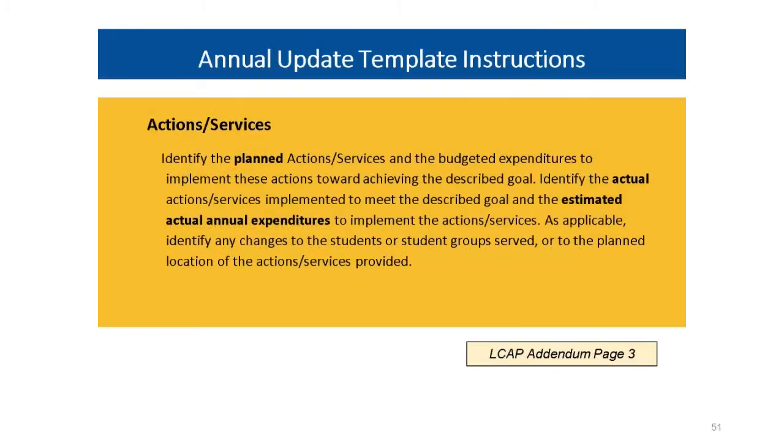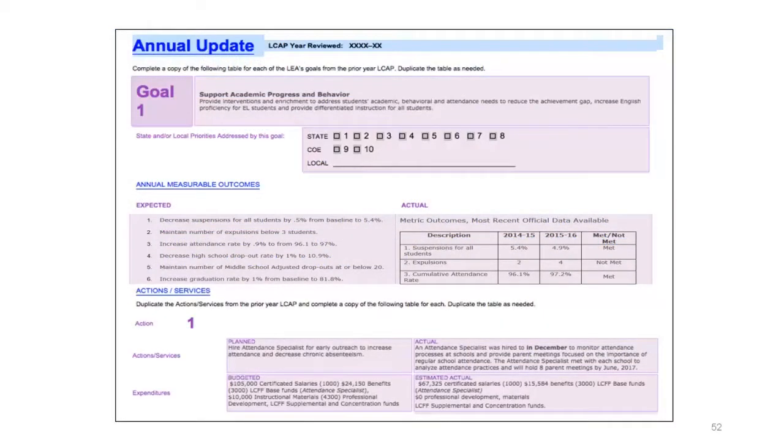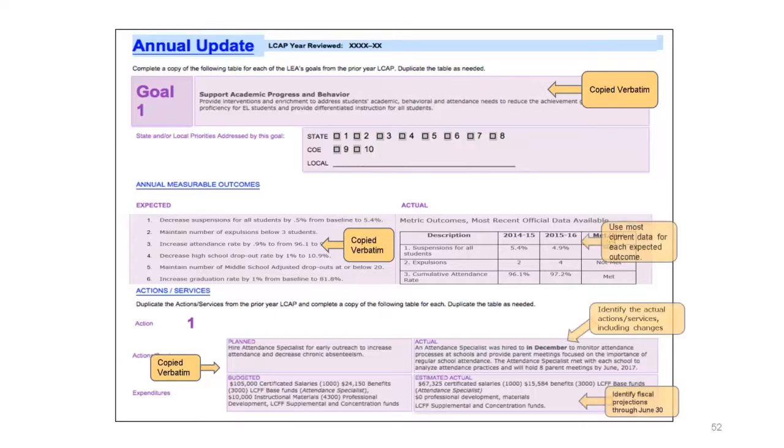As in the past, planned actions and services and budgeted expenditures are reported on the left-hand side of the template, with actual actions, services, and estimated actual expenditures reported next to them. This slide shows which sections require verbatim information from the prior year and where information is reported in the update.